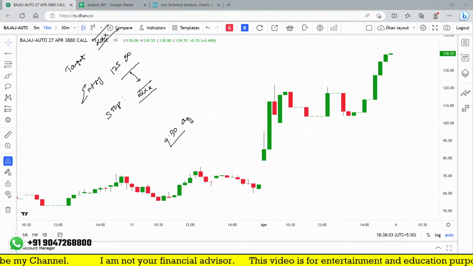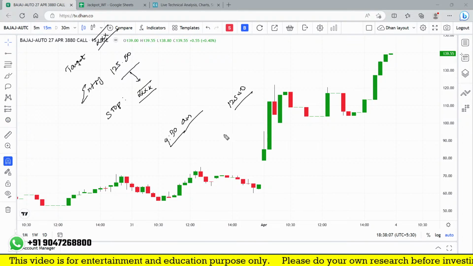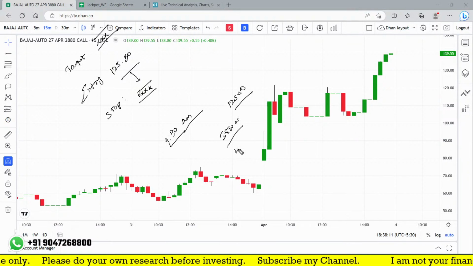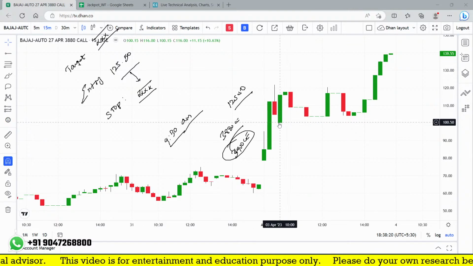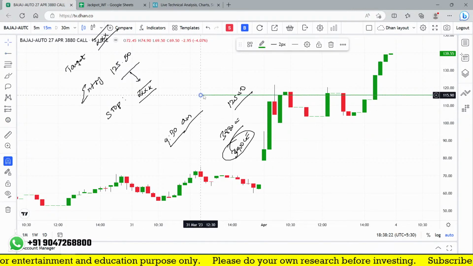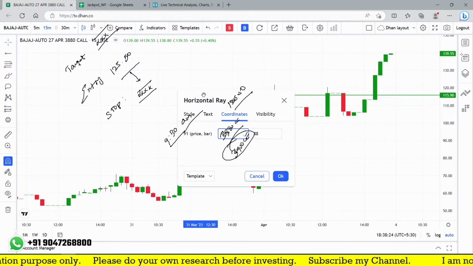After 9:30 we are going to focus on a breakout level of 125.50 in the Bajaj Auto 3880 call option. Maybe we can go for a 3,900 call option also, because it's near about. So what should be my entry point is around 125, 125.5.